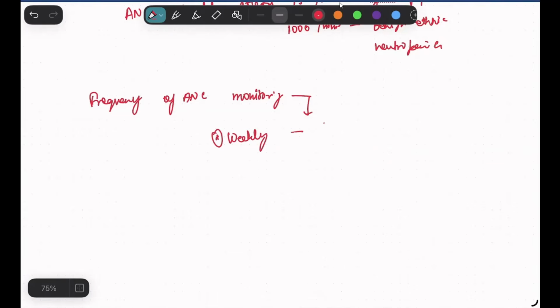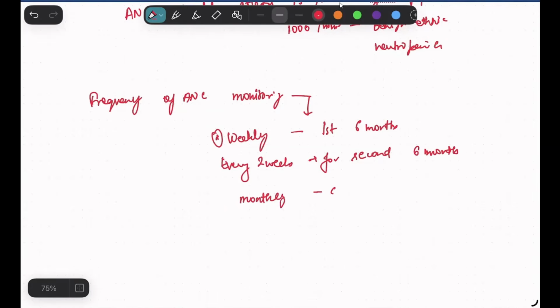Weekly for the first 6 months, every 2 weeks for the second 6 months, and monthly after 12 months of treatment.